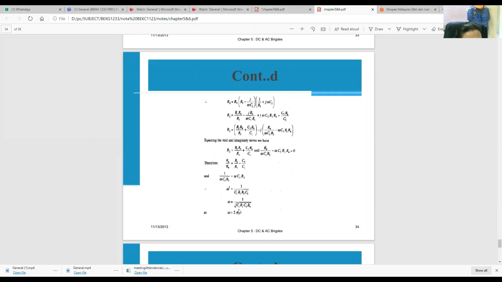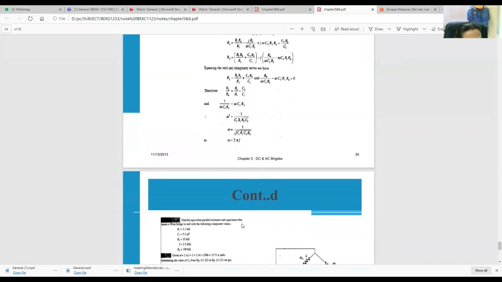Since omega equals 2 pi f, after you get omega you can calculate the frequency: frequency equals omega over 2 pi.